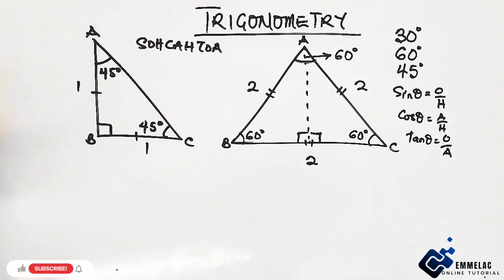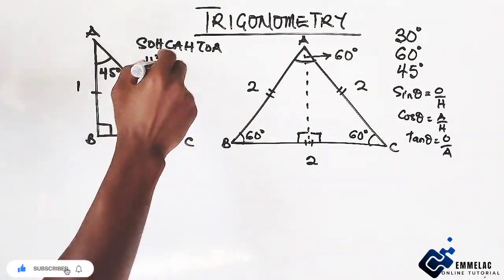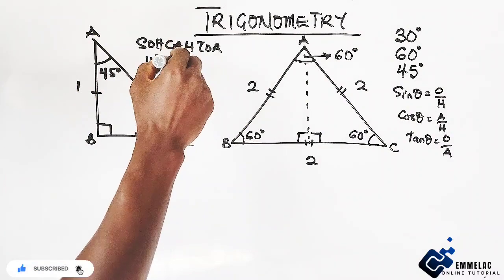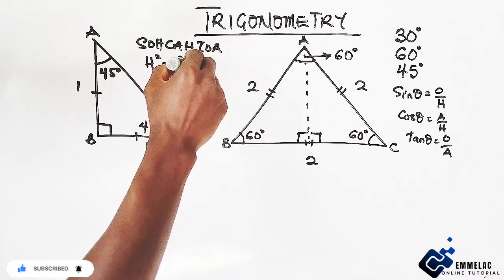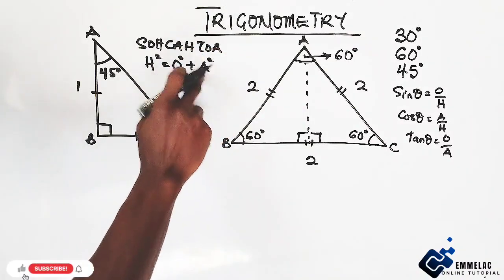Now let us bring back the Pythagoras theorem, that says that the square of the hypotenuse equals the sum of the squares of the other sides, which are the opposite and the adjacent.